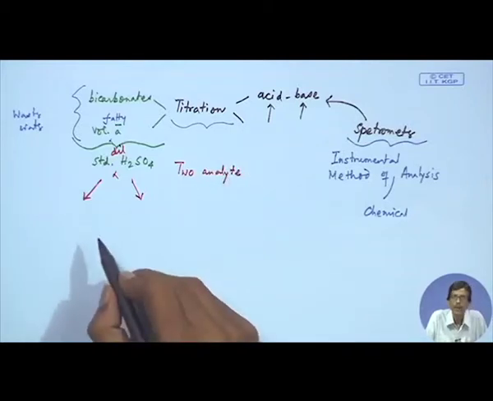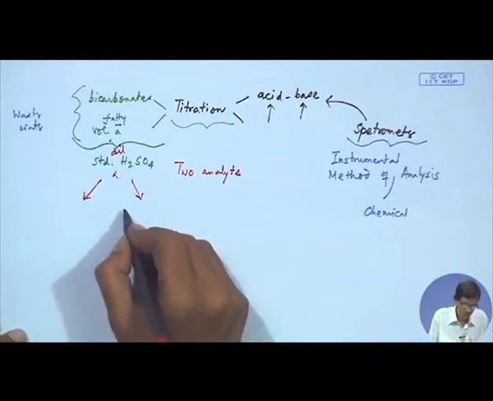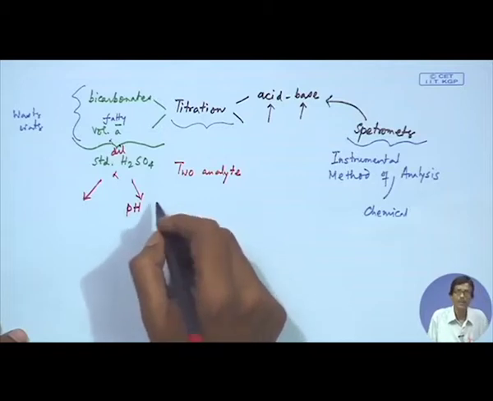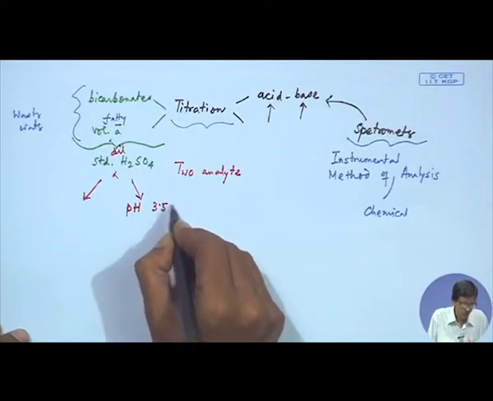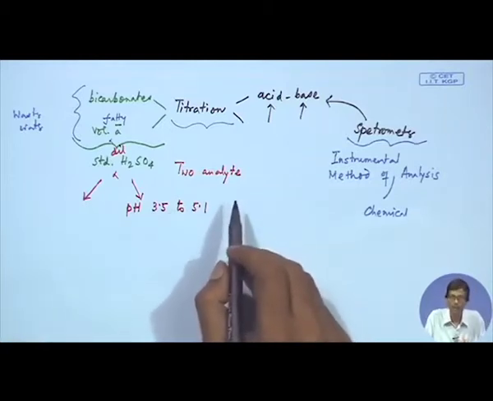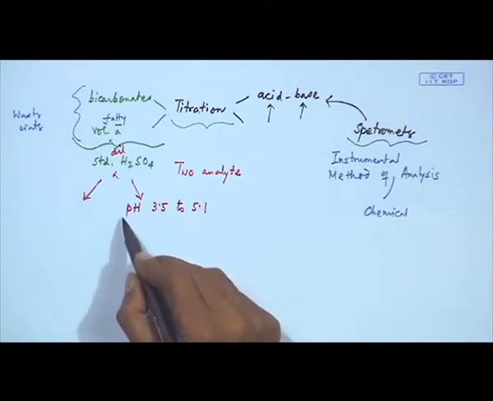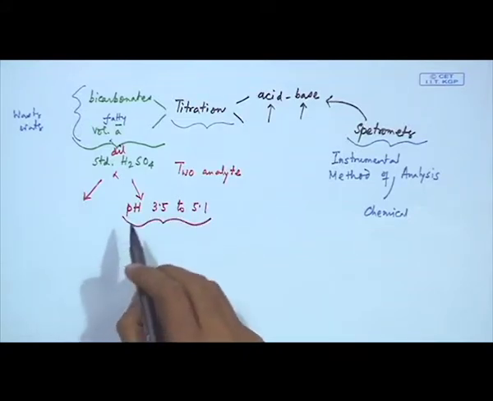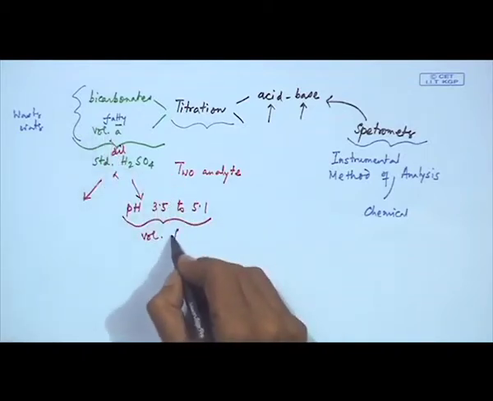So, it is a two analyte situation, where we can go for a titration where the final pH, that means the pH at the neutralization point, can range from 3.5 to 5.1. That means, in the typical acidic region, we can recall the pK value of acetic acid, which is 4.75. If we go for the titration, this will determine the volume of fatty acids.